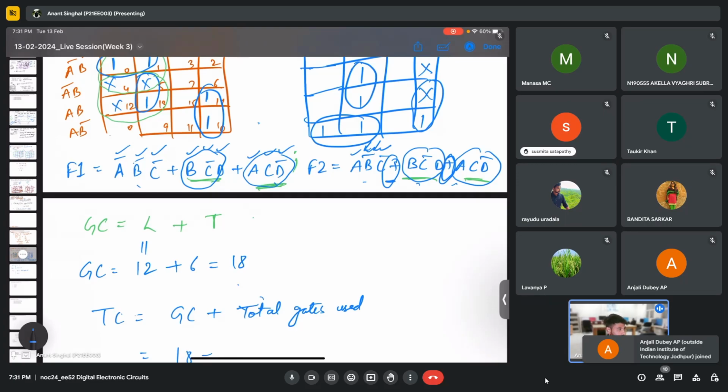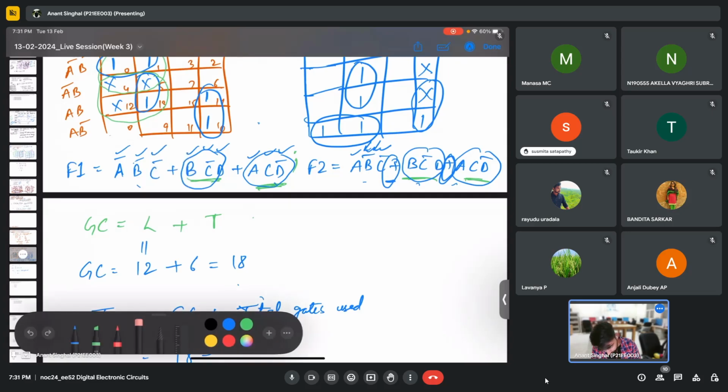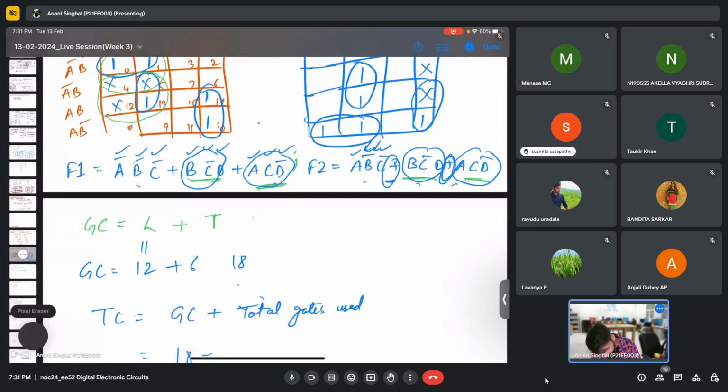There are four plus expressions, and for each of them we have two AND expressions.